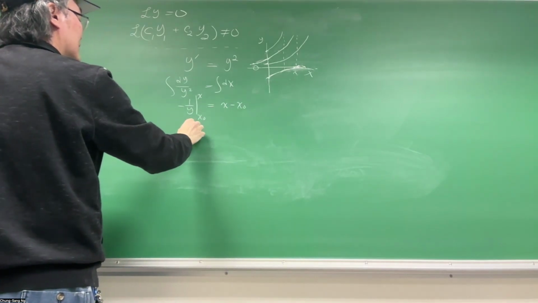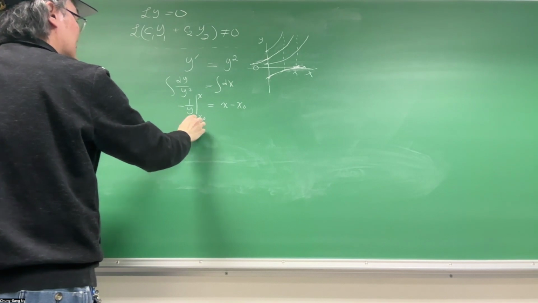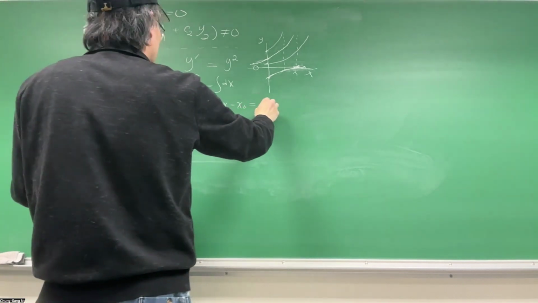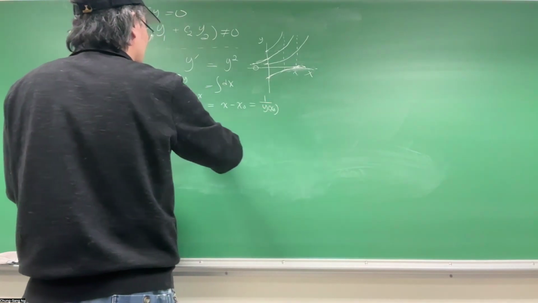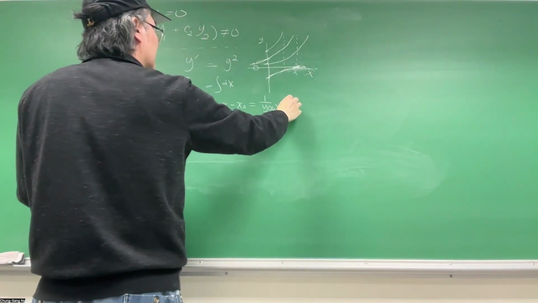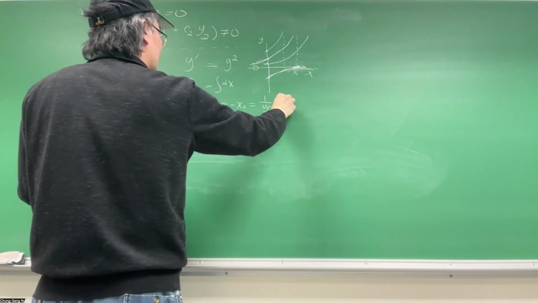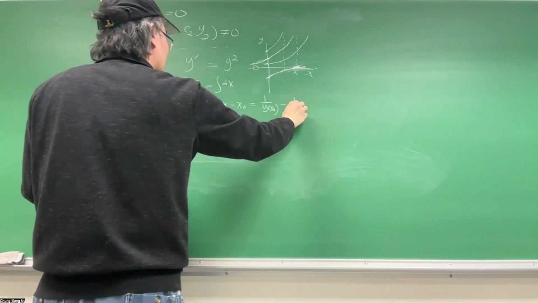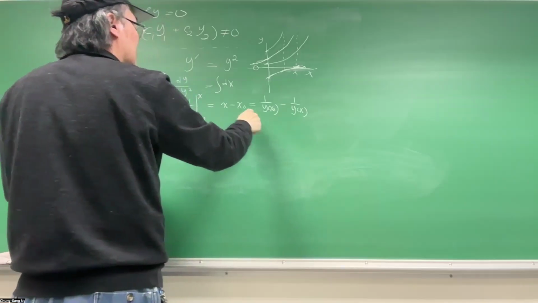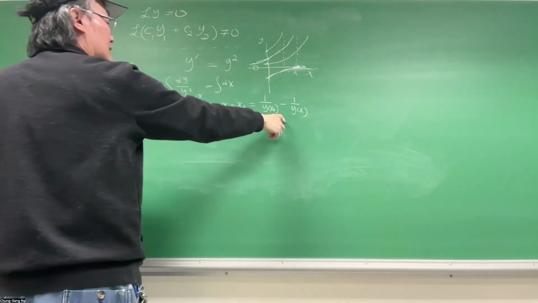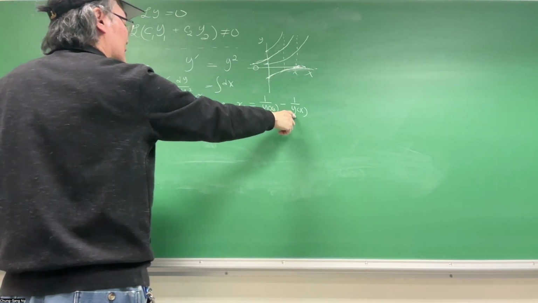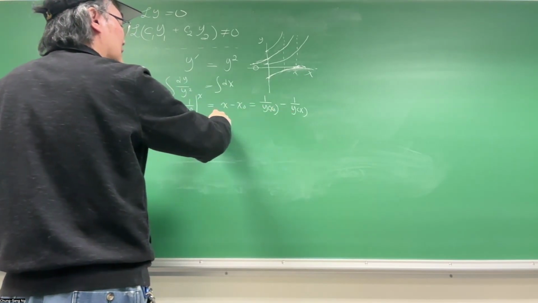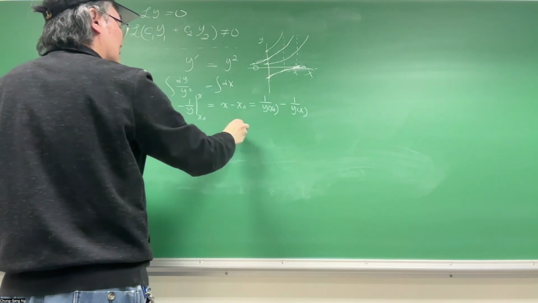So this equals, right, 1 over y, which is a constant, right? And minus 1 over y. Solve it. What is that? It just gives you a constant. 1 over y, we'll move it to the other side.